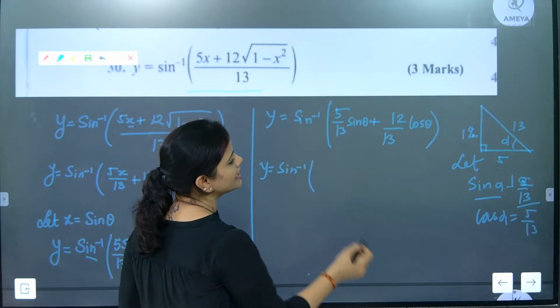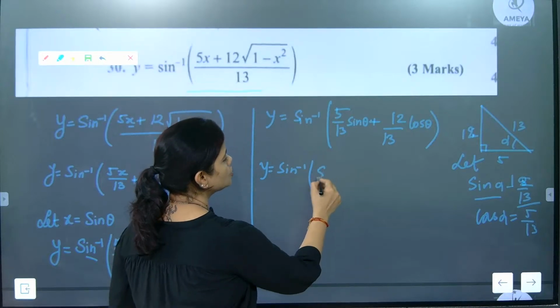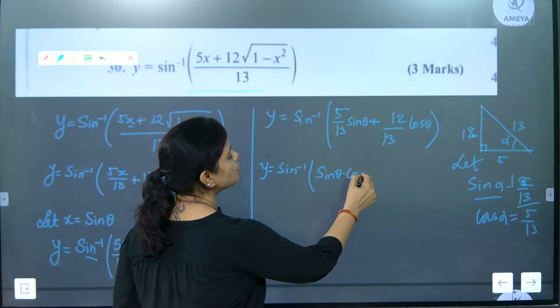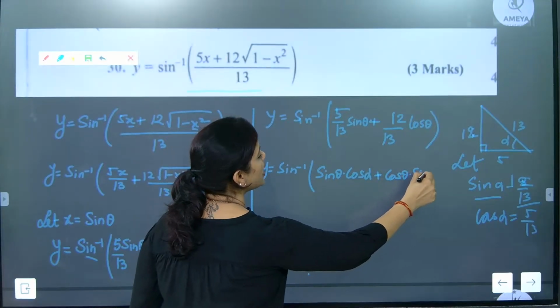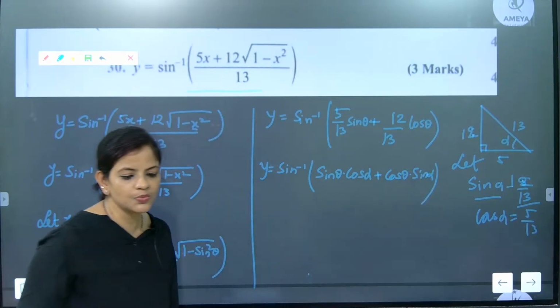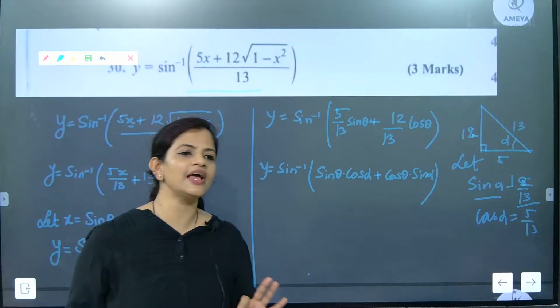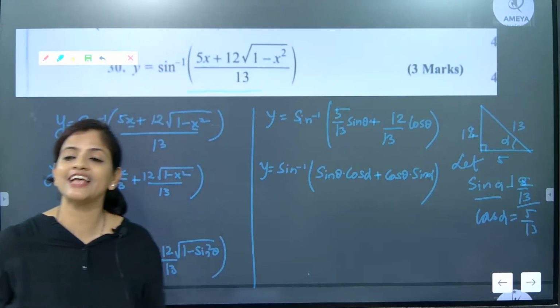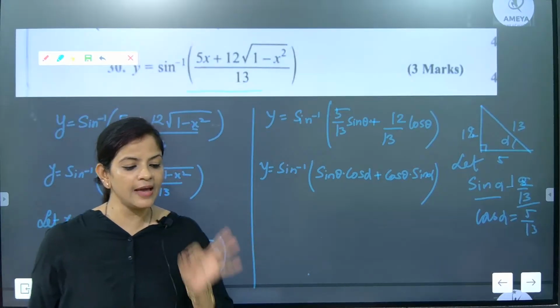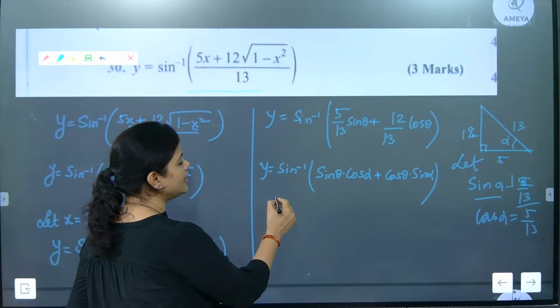So 5 by 13 is now cos alpha. So sine theta into cos alpha plus cos theta into sine alpha, bingo. This comes with a formula. Do you remember the formula? Sine A cos B plus cos A sine B is sine of A plus B. I'm just reminding you the formula.